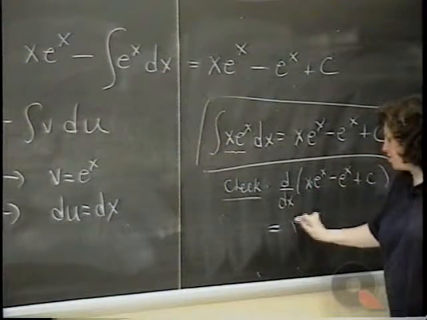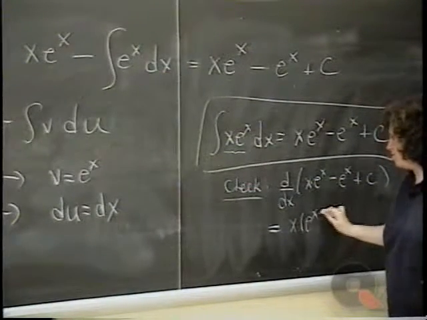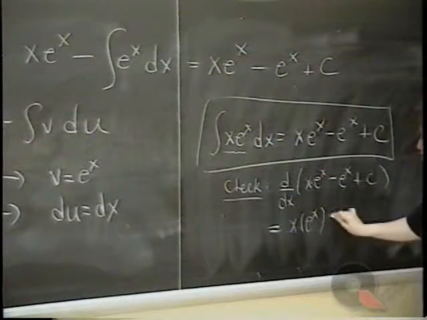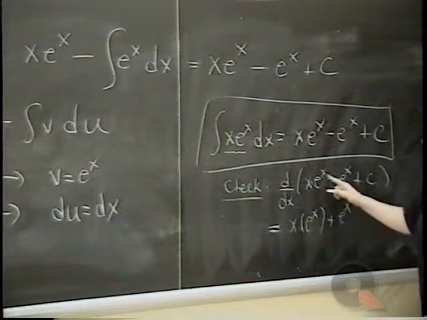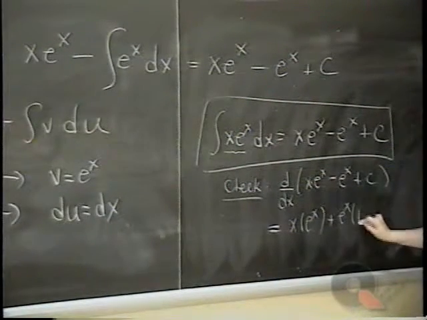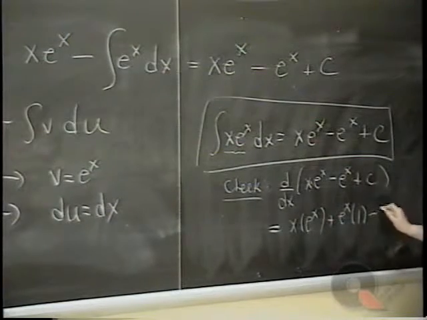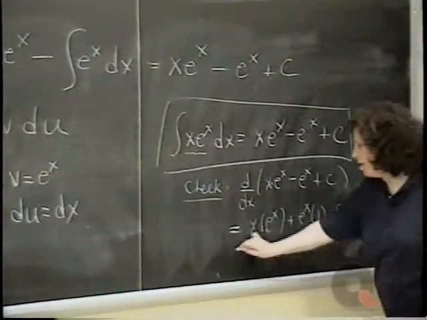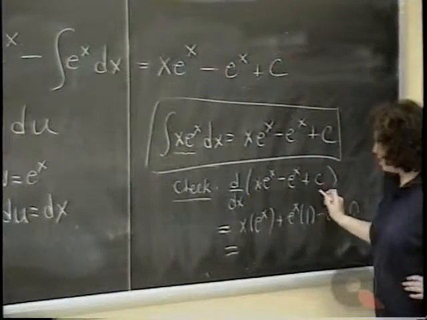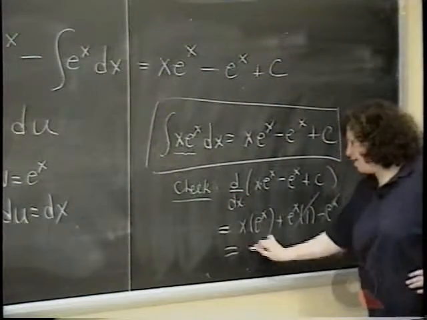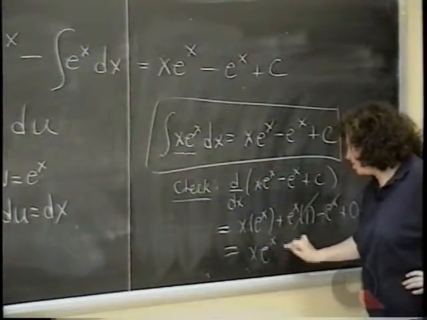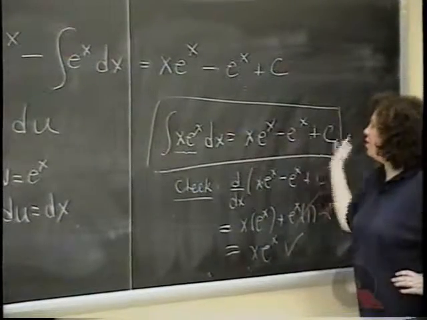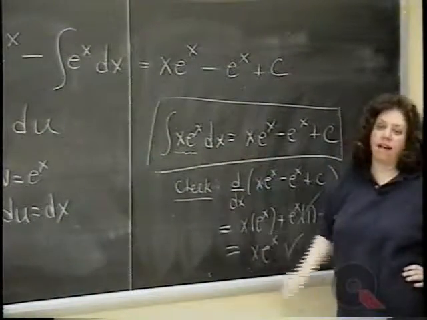It's x times the derivative of e to the x with respect to x, which is e to the x, plus e to the x times the derivative of x, which is 1, minus the derivative of e to the x, plus the derivative of the constant, which is 0. The plus e to the x and the minus e to the x cancel out, and we get x e to the x, which is what I want to show. That the derivative of the right-hand side is, in fact, x e to the x.